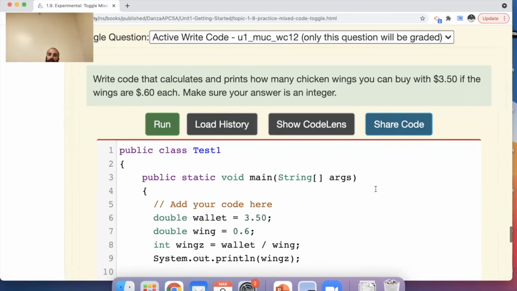If I got a double divided by a double, that's going to give me a double. Could I do something like this? What do you think? So you're saying if I assign this to it, it'll automatically throw it away?